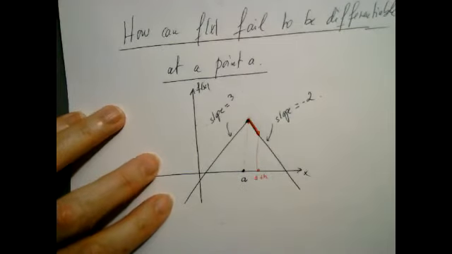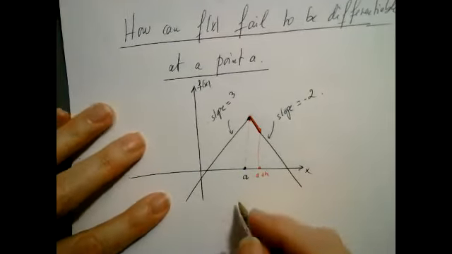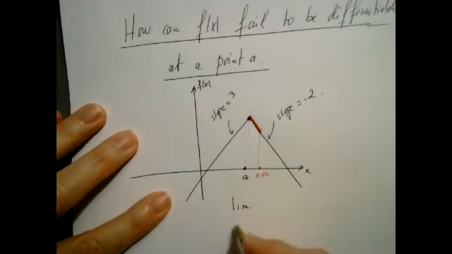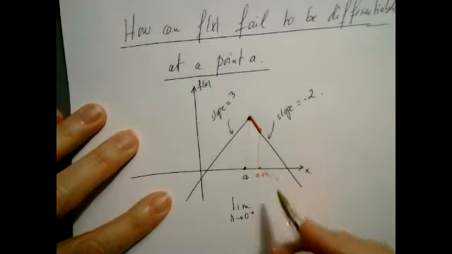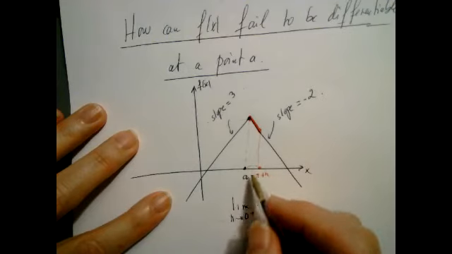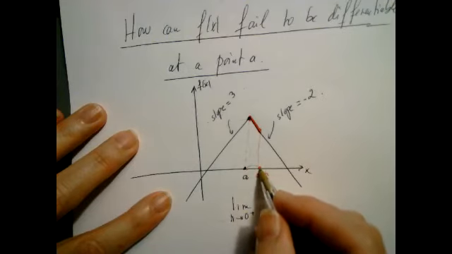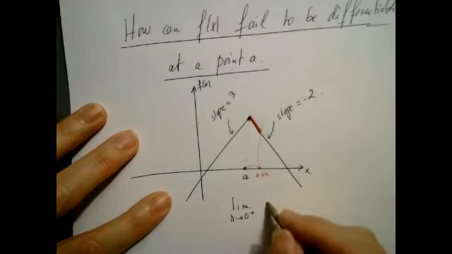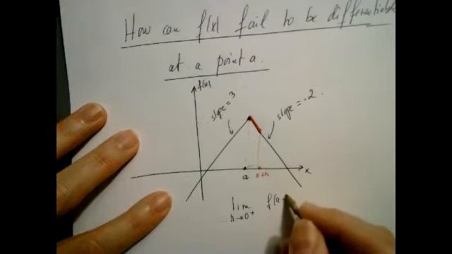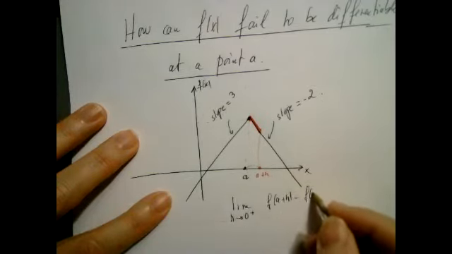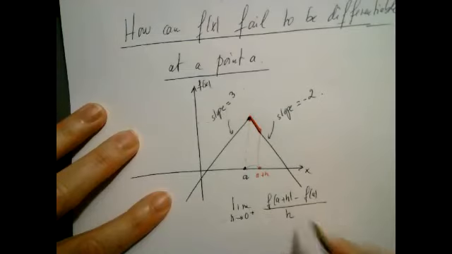Let me compute the limit as h becomes close to 0 from the positive. What does it mean? It means h positive. So I take a and add something to it: f of a plus h minus f of a over h in this problem.